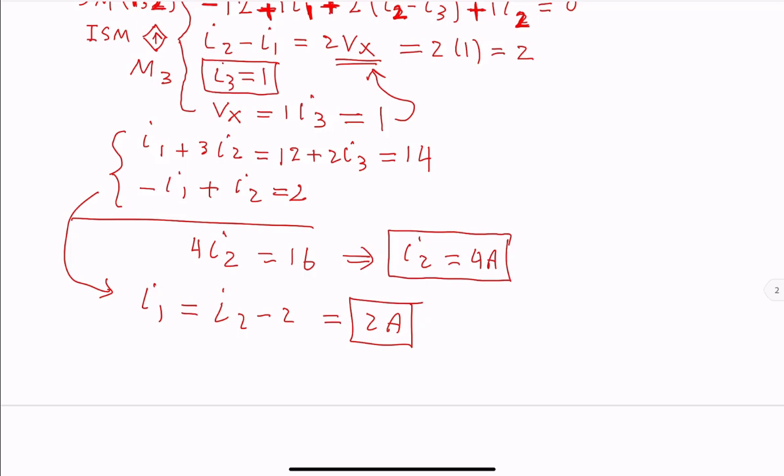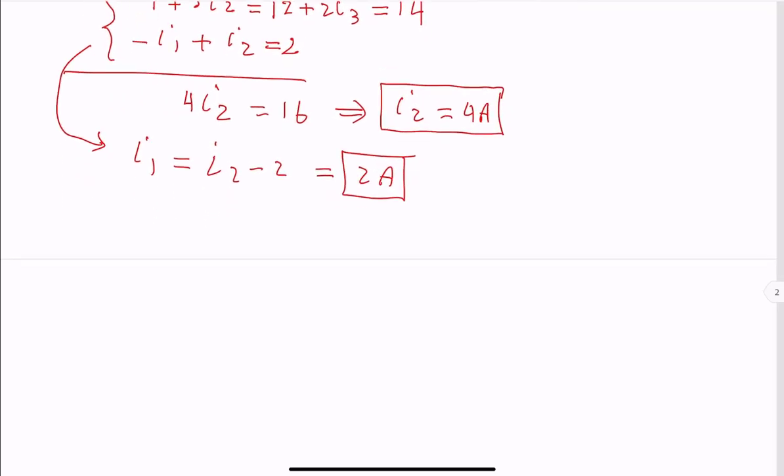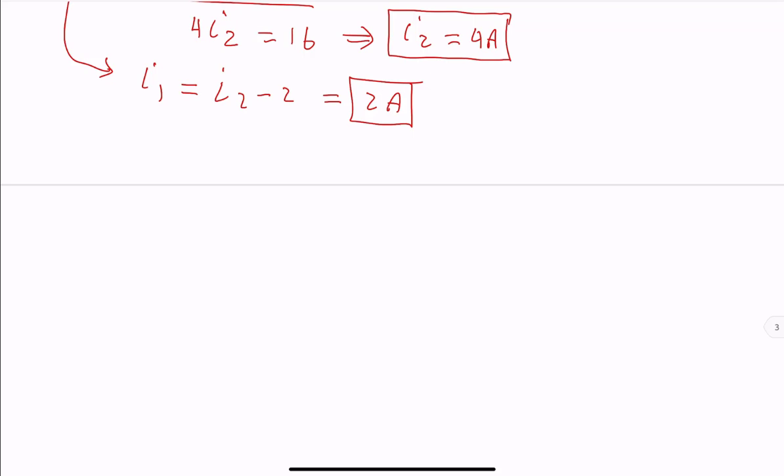The problem is asking for power supplied by the sources. For power, as I have mentioned in previous videos, we use passive sign convention. So if you have a current I and voltage V across a resistor, we say P is equal to VI, and that is not as simple as it looks.